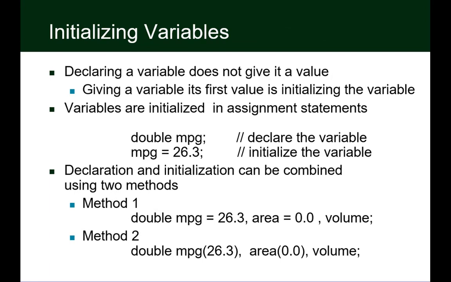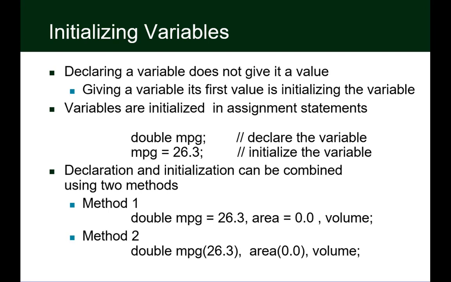When we want to give it an initial value, we can do that in one line of code or in two. The first example is showing declaring the variable on one line and then assigning it an initial value on the second line. Declare double milesPerGallon, initialize by defining it with 26.3 on the second line.